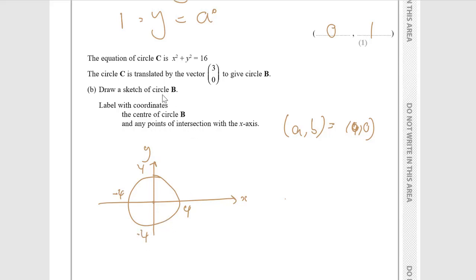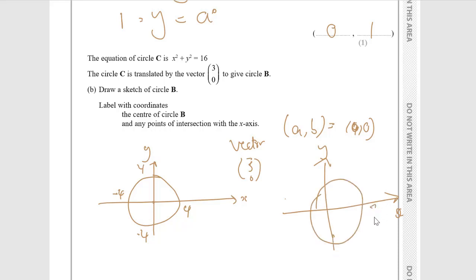If it moves by the vector 3, 0, then the center moves to 3, 0. This is y, this is x.